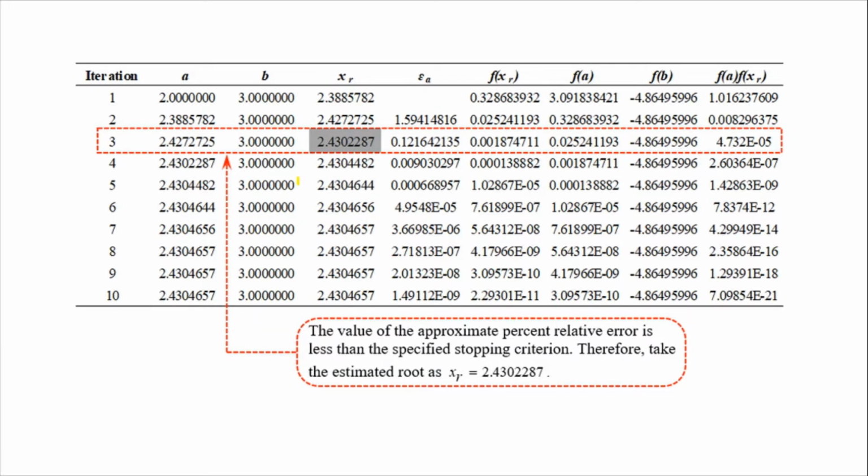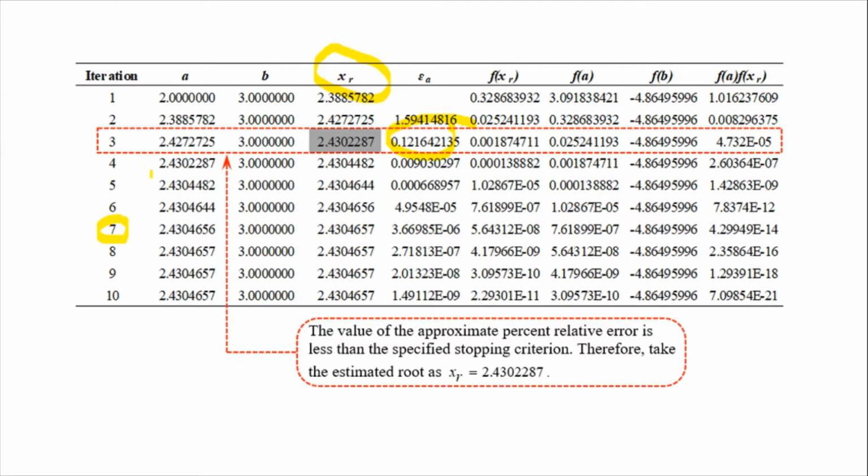Notice that at the third iteration, the value of the approximate relative error is 0.122, which is less than the specified stopping criterion of 0.5%. Remember that using the bisection method, we stopped at iteration 7, when it reached the stopping criterion of percent relative error less than 0.5%.